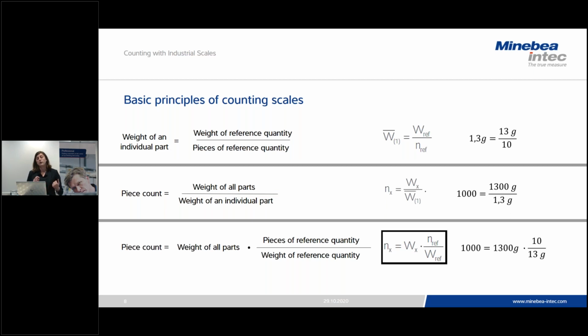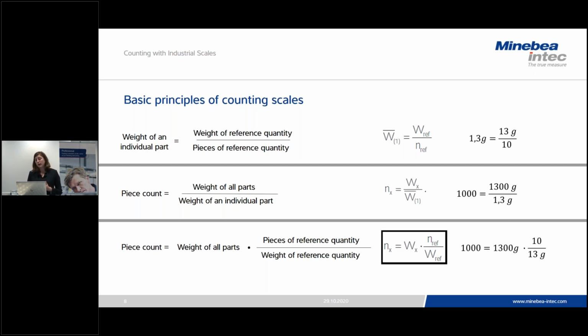So we now know the weight of an individual part is 1.3 gram. Now we want to calculate how many parts we have. So we take the weight of all parts, which is 1,300 grams, divided by this 1.3 gram, and then we know, when we've reached 1,300 grams, we have 1,000 pieces of screws.